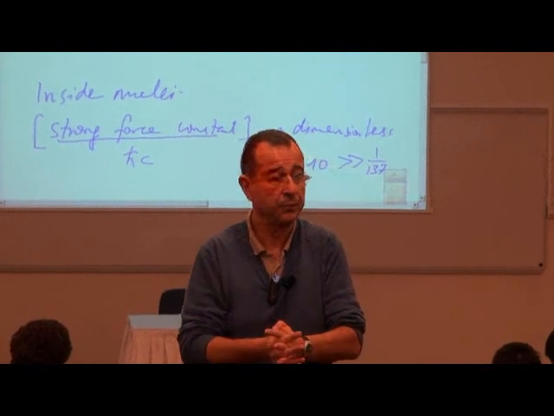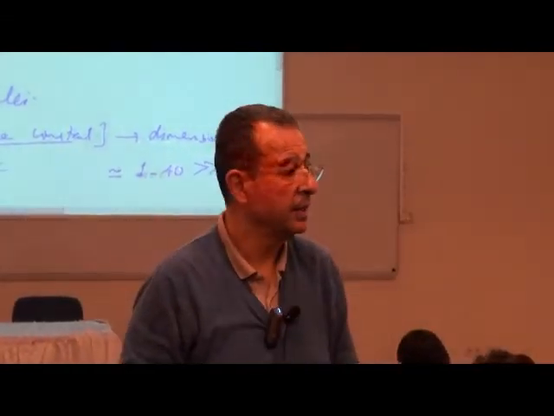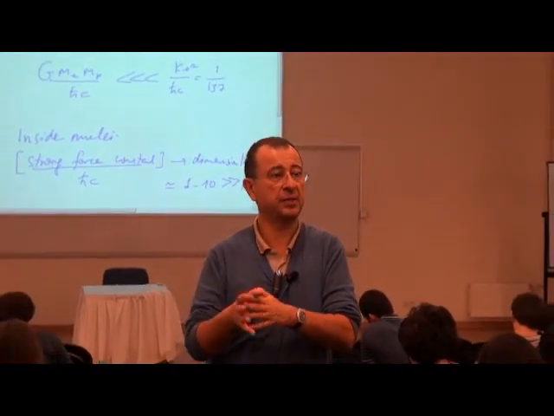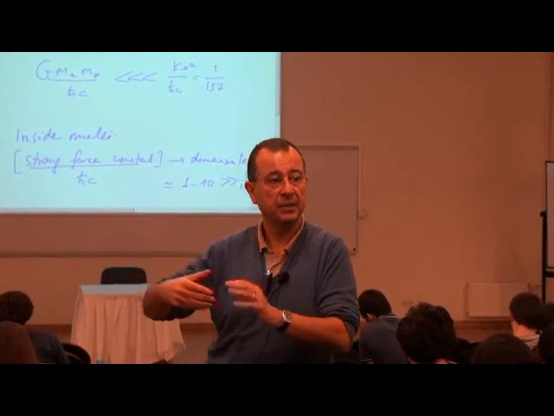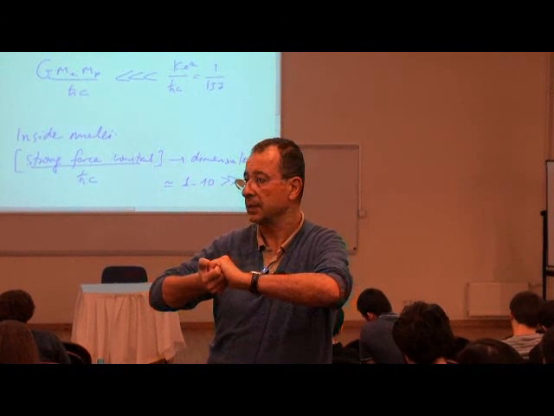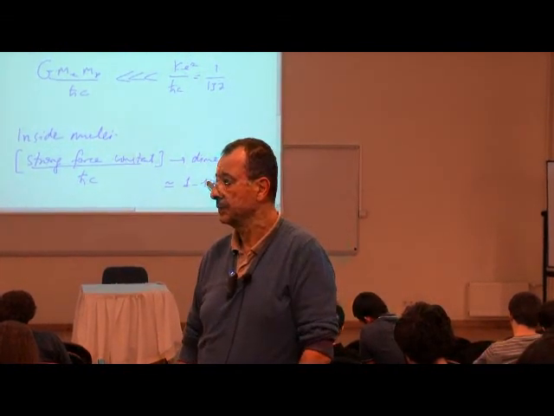And that tells you that in a fundamental sense, it doesn't depend on our units at all. Gravity is much, much weaker than electromagnetism, but electromagnetism itself is much weaker than the strong force that powers the nuclear reactors and the stars and so on. Okay?